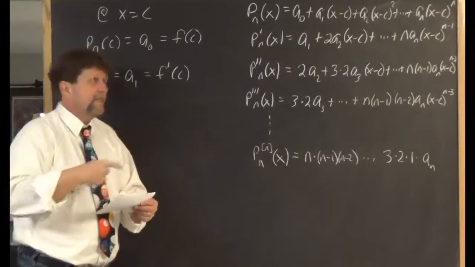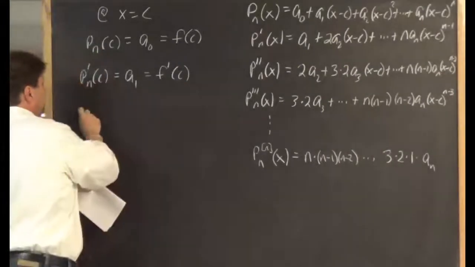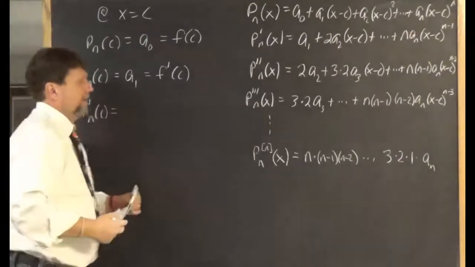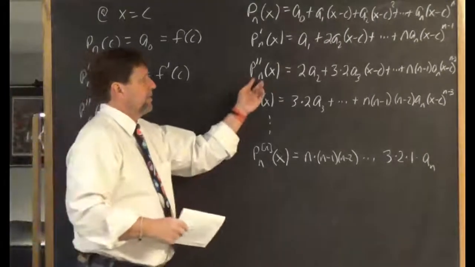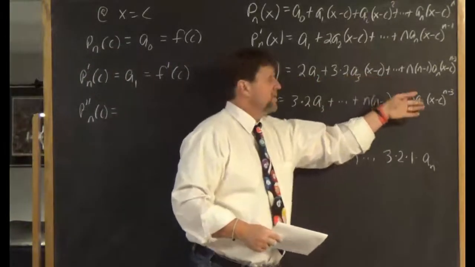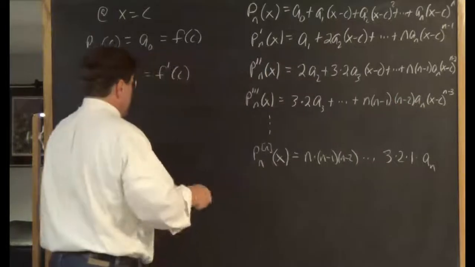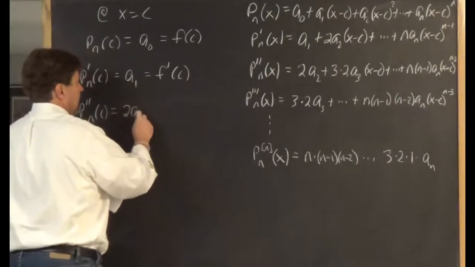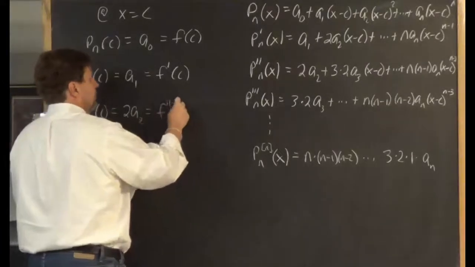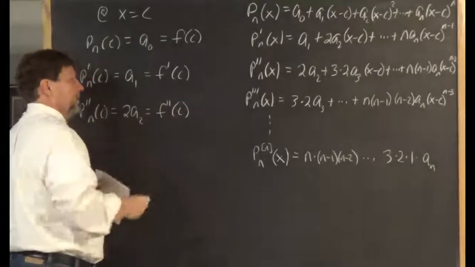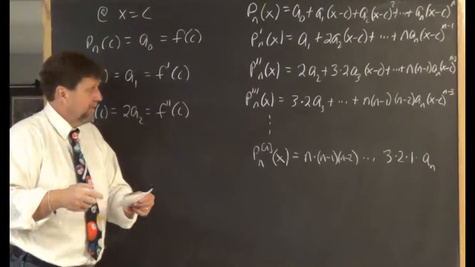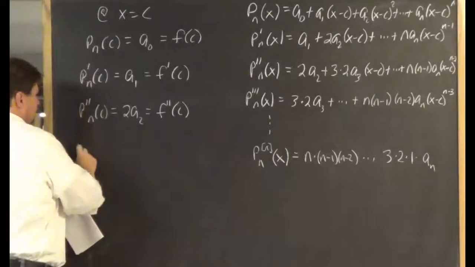Let's evaluate the second derivative of our polynomial at c. When we evaluate the second derivative at c, this would be 0, 0, 0, 0, 0. We just have 2 a sub 2. Remember, we want the second derivative evaluated at c to also equal 2 a sub 2. What about the third derivative? Well, we have it right here.